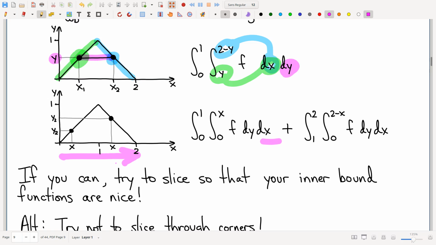As I look at these x slices, my lower bound for y is going to come from this curve. My upper bound for y is going to come from that curve.